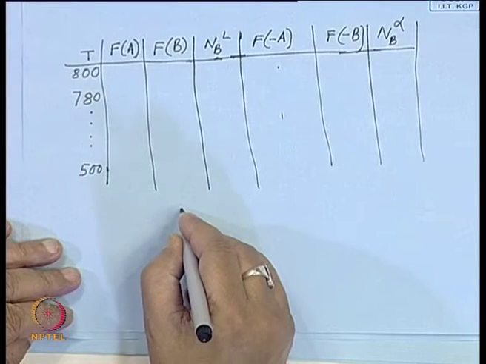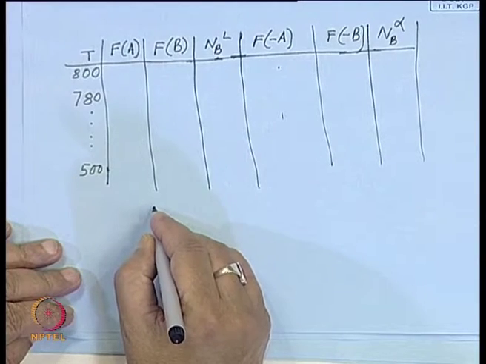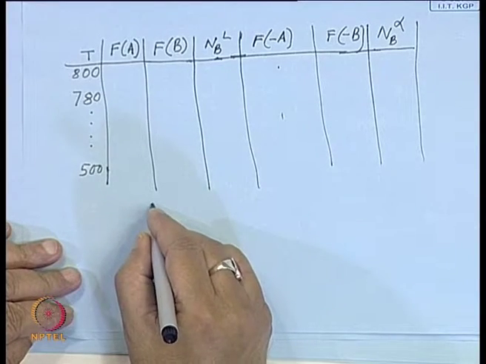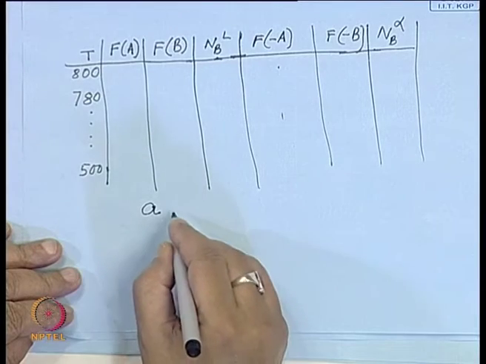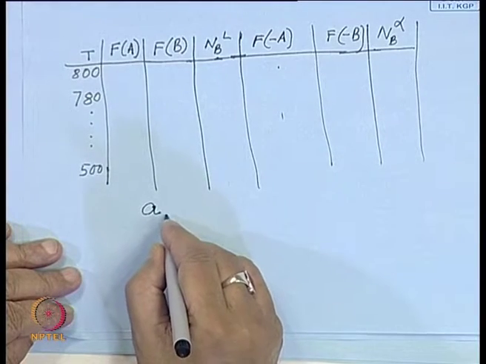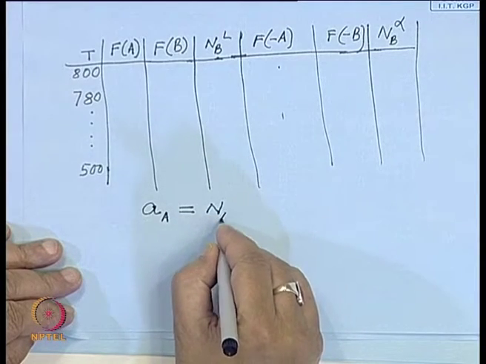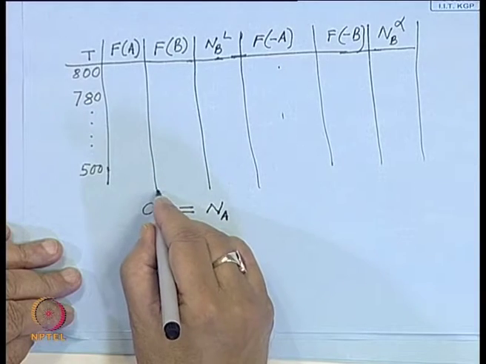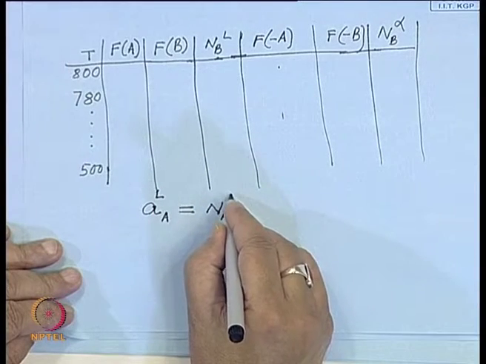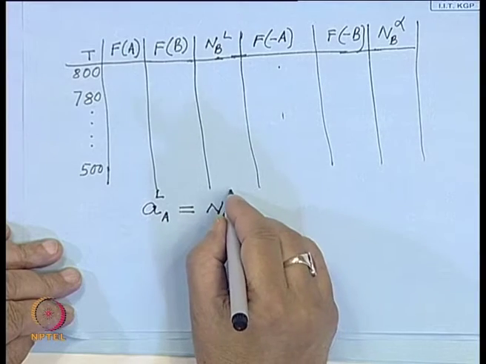Now, here all this calculation has been done with the assumption that the solution is ideal, and ideal solution means that the activity of A, which is the effective concentration of the species A, is equal to mole fraction A, whether it is in liquid or in solid.